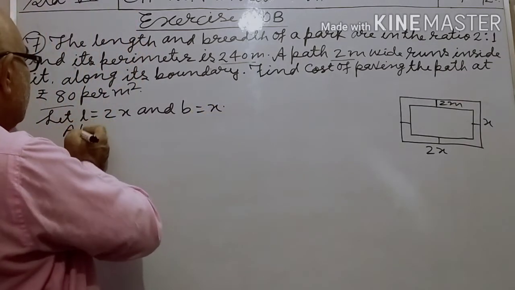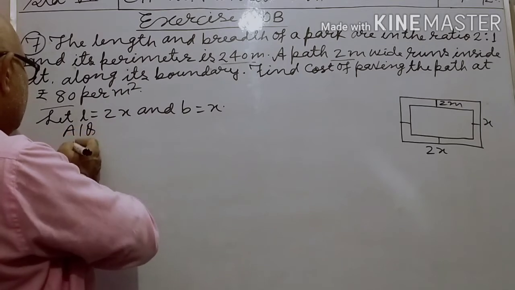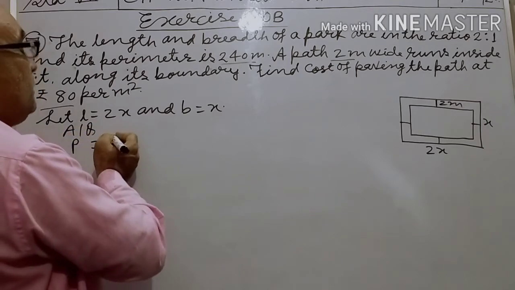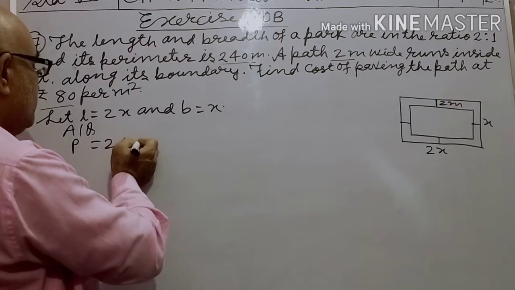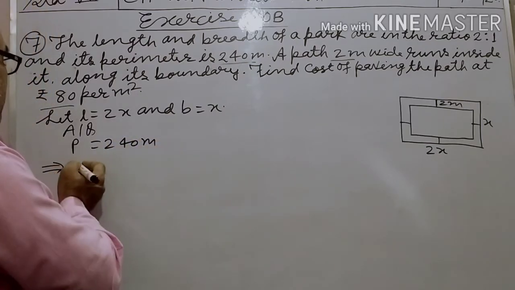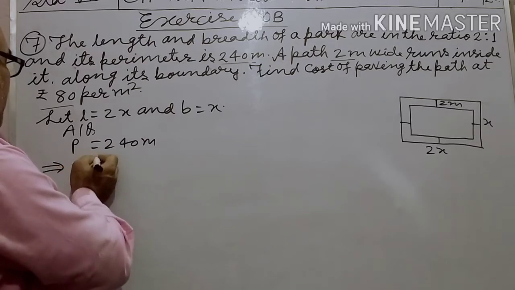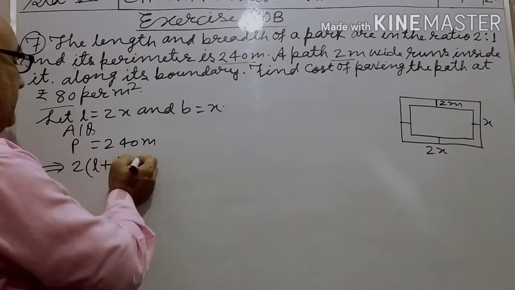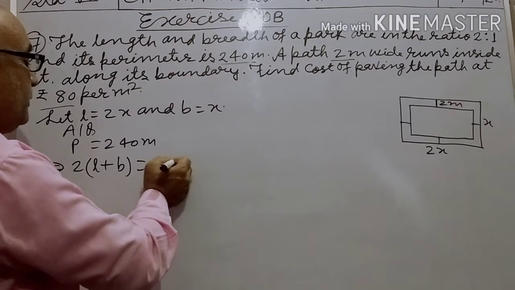According to the question, perimeter equals 240 meter. That implies perimeter equals 2 into L plus B equals 240 meter.